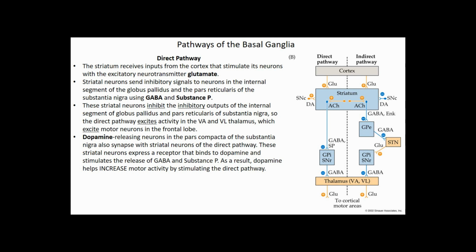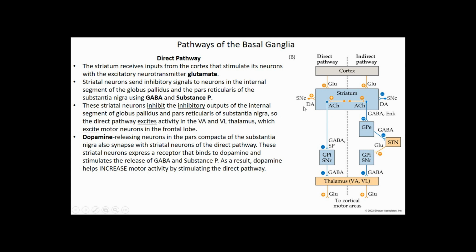So the long story short is that by inhibiting the inhibitor of the VA and VL thalamus, the direct pathway actually increases motor activity. Now, on top of that, we've got dopamine-releasing neurons from the pars compacta of the substantia nigra. So SNC right here, those dopaminergic neurons are going to bind to receptors in the striatum, and that dopamine increases activity through the direct pathway.